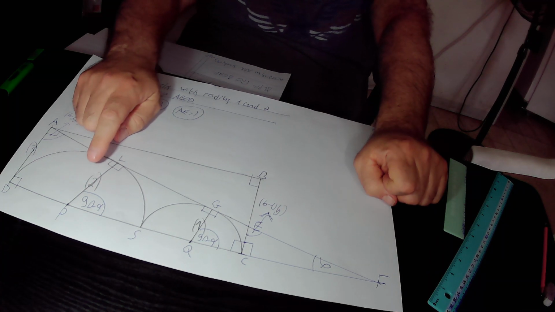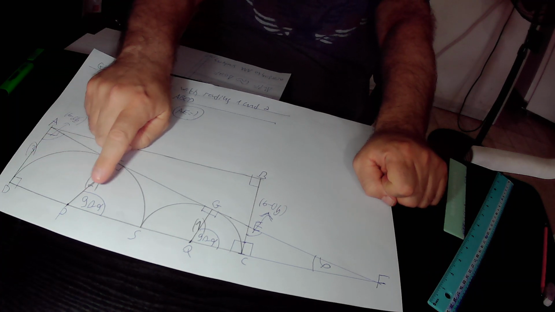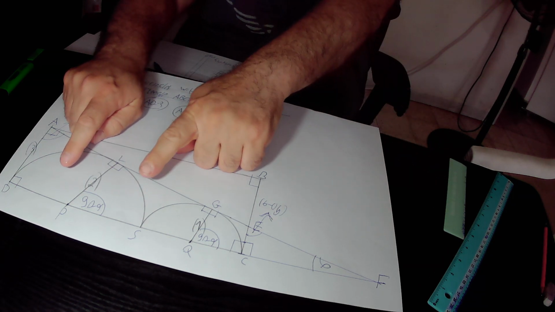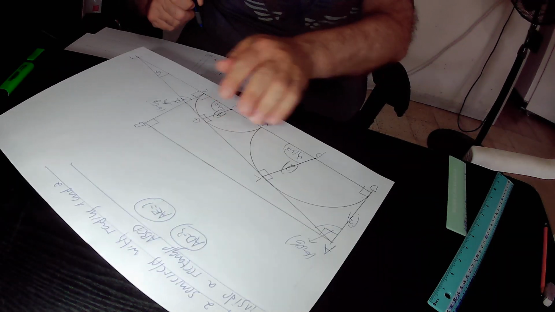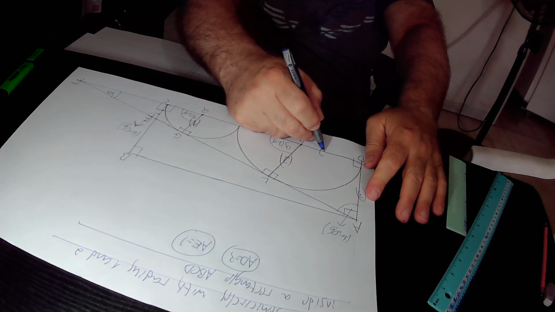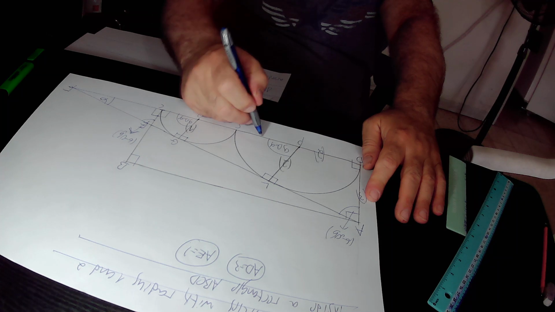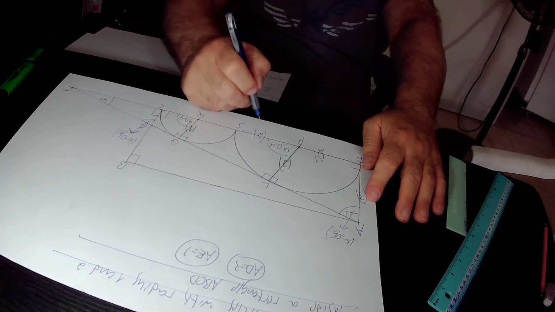First of all, we know that DP equals PS, the radii of the circle, which is 2. So I write it down: DP equals 2, and PS is also equal to 2, the radii of this semicircle.